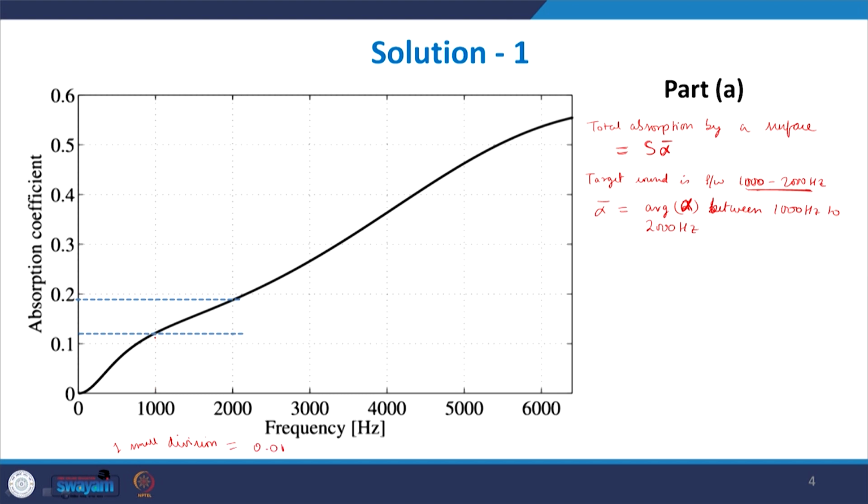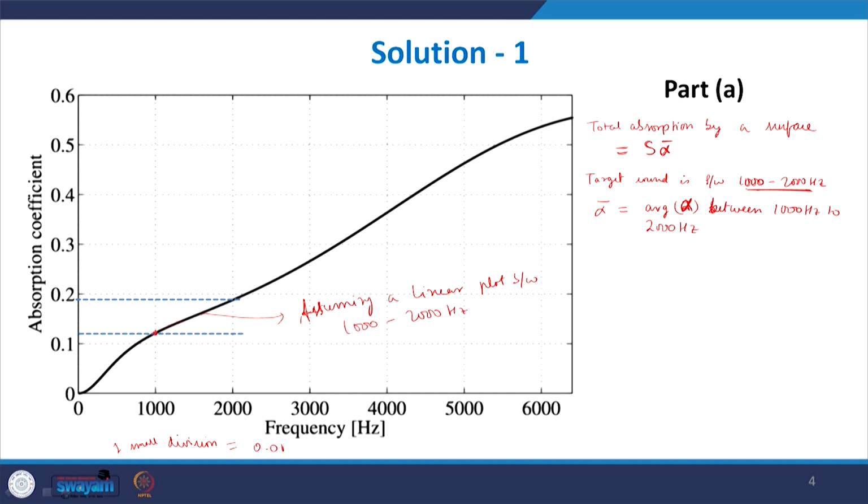It is obviously very tedious to calculate each and every point, as there are infinite points between 1000 to 2000. So, let us assume a linear profile, a linear plot between 1000 to 2000 hertz. As you can see, it is almost linear in nature and we have to find an approximate solution.